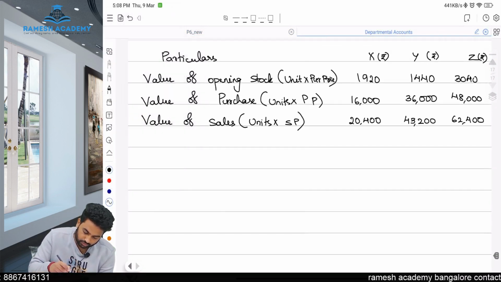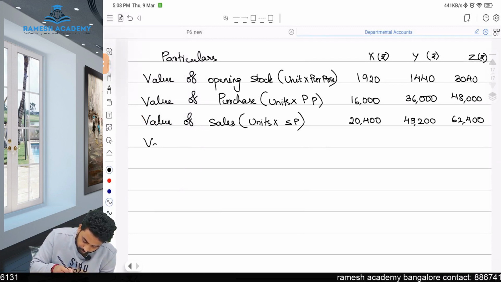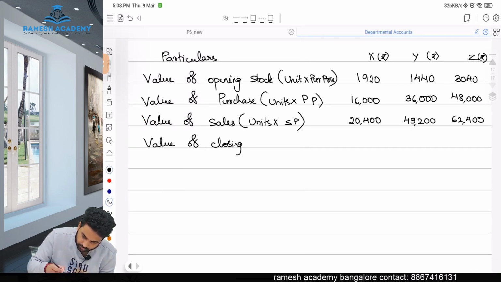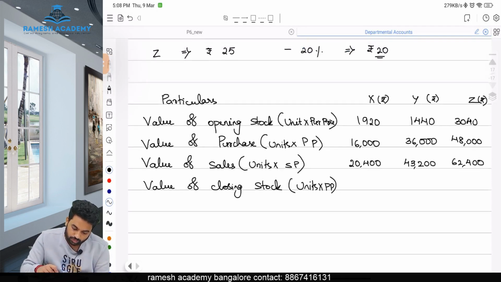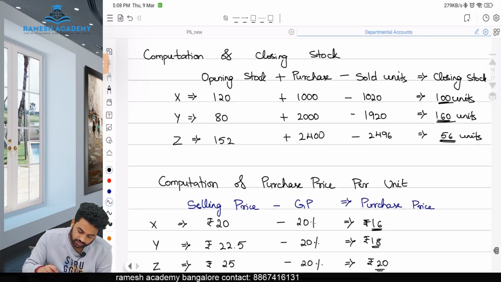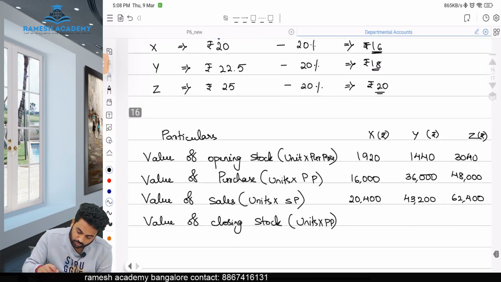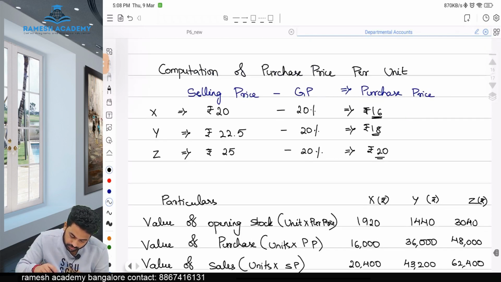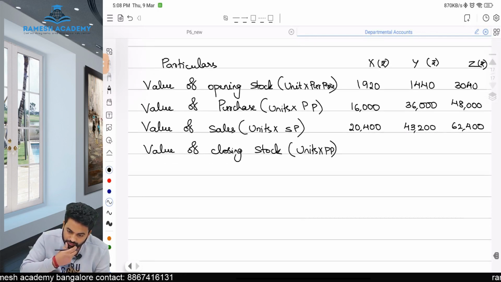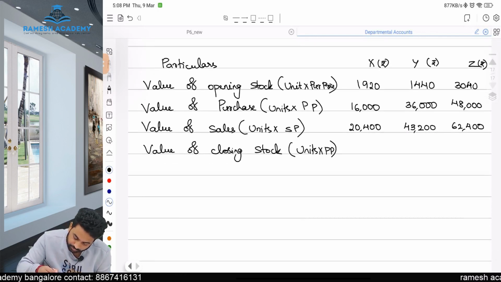Now we want the closing stock value. Value of closing stock, again units into purchase price. So how many units are there? Closing stock is 100 units in X. So 100 into rupees 16. How much will be the closing stock? 1,600.